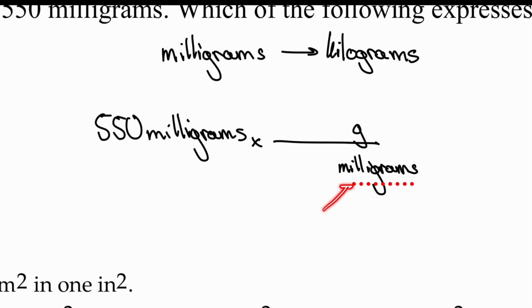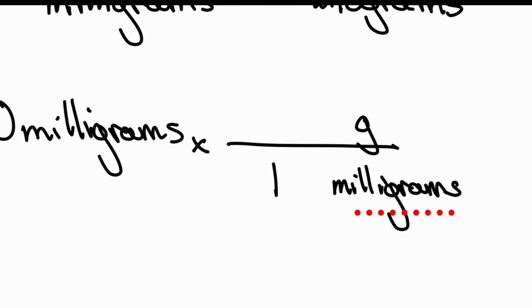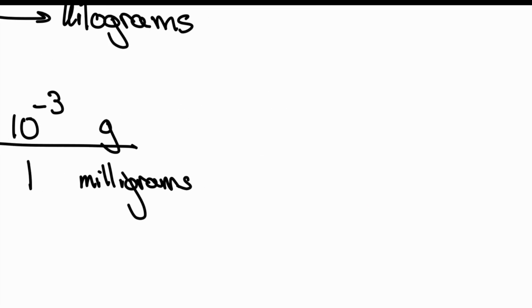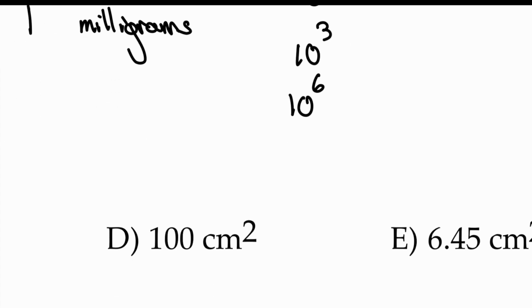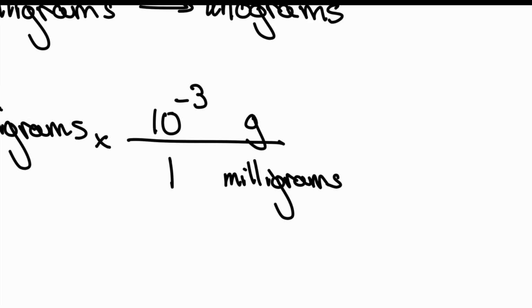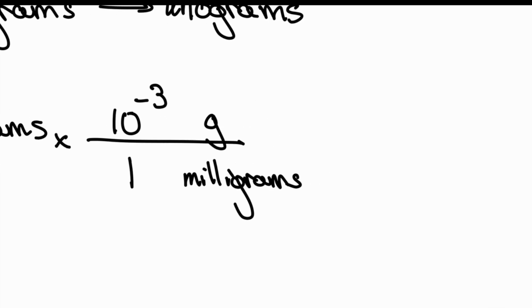If it has a prefix here, the milli, I'm going to put a 1. If it doesn't, like here, and it just has the grams, I'm going to put the 10 to the number factor. For milli, it says 10 to the negative third. You know that big chart that has like 10 to the negative third, or maybe it has 10 to the second, 10 to the third, maybe 10 to the sixth, 10 to the negative 6, those numbers. This is where I'm getting the milligrams conversion from.